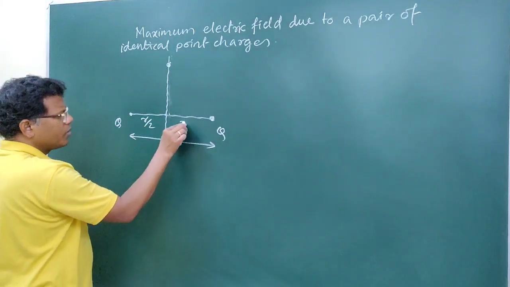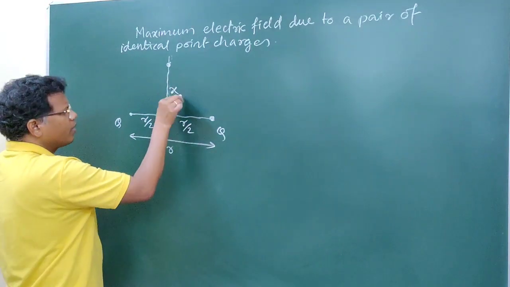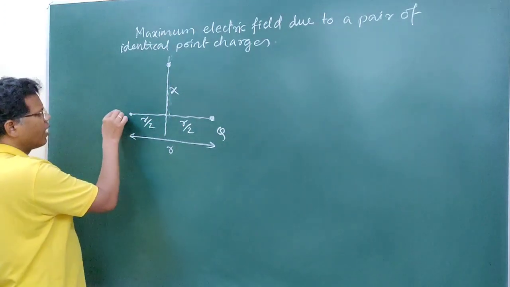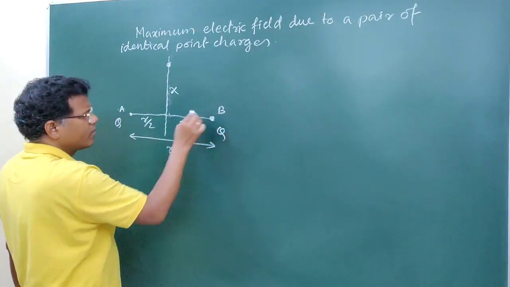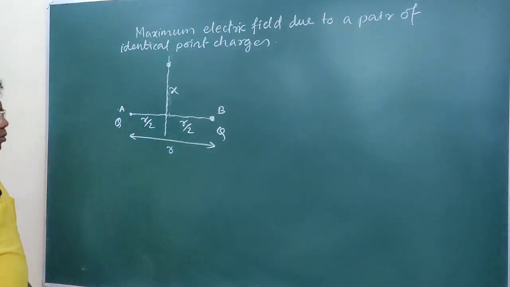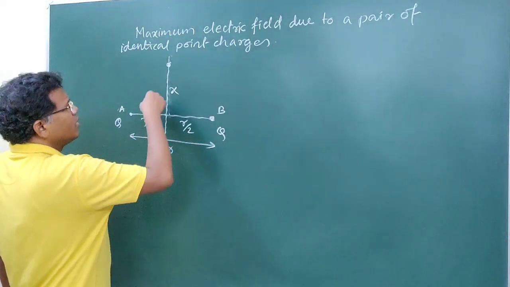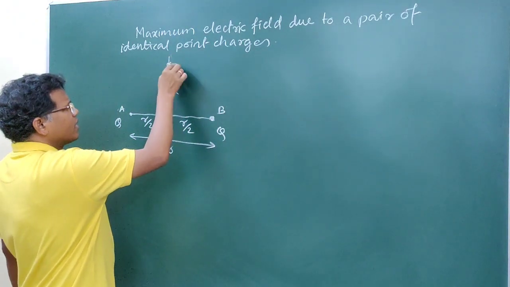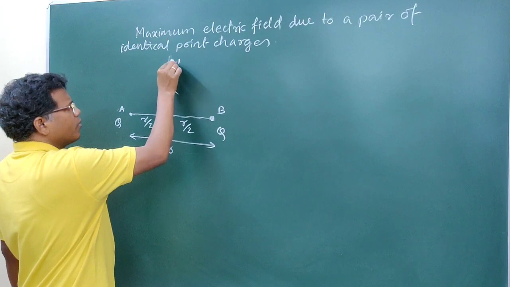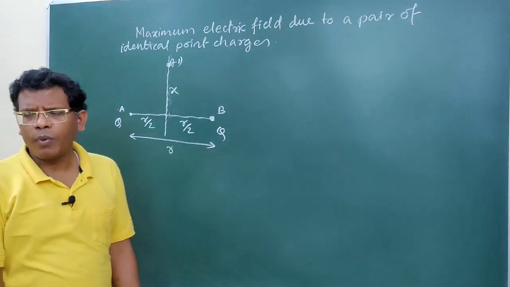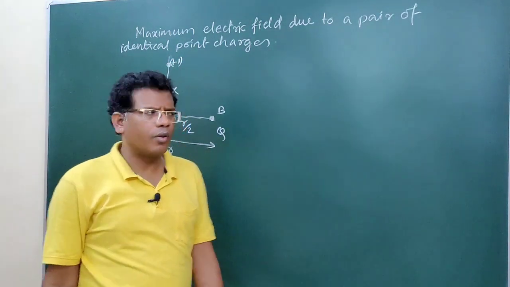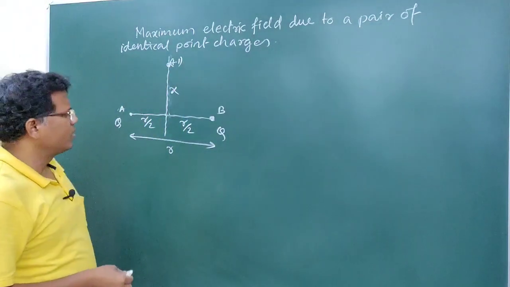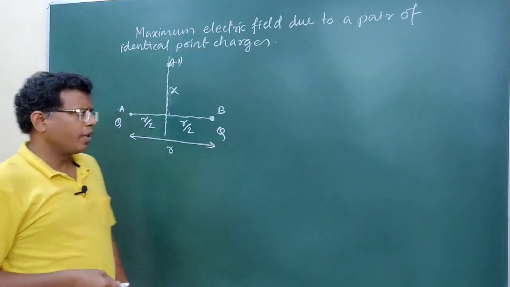So this is r by 2, this is r by 2. Let there be a point at a distance x from the line joining A and B, from the position of the two given identical charges. I have discussed that electric field is nothing other than the force on an assumed +1 charge at the required point. So I have placed a +1 charge at a point on the perpendicular bisector.